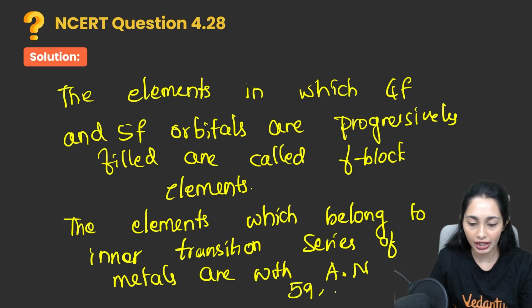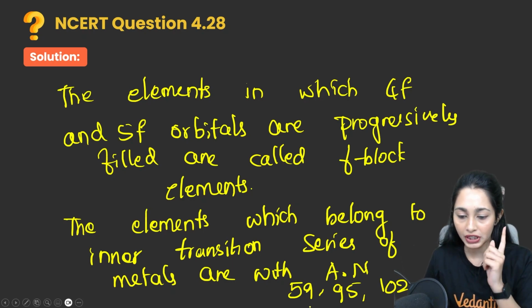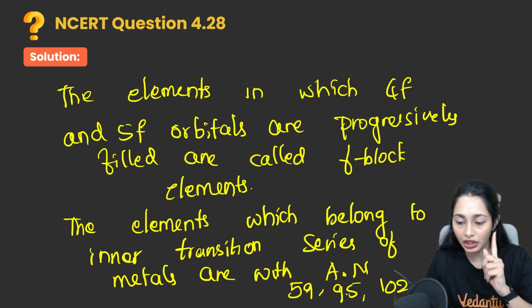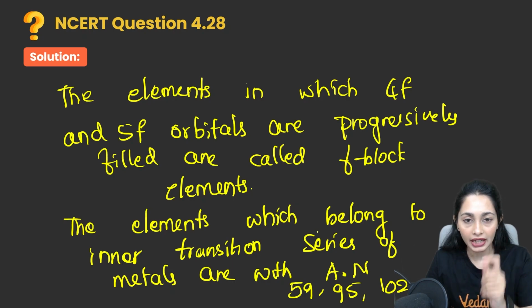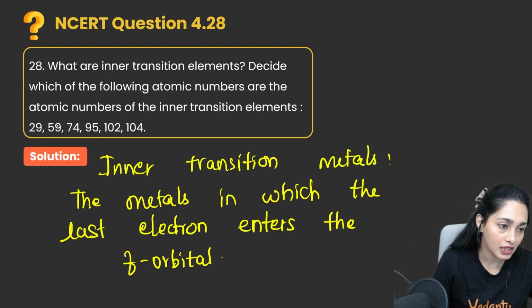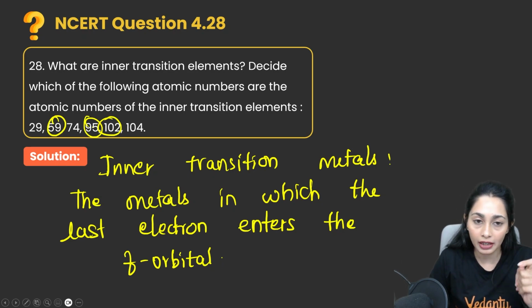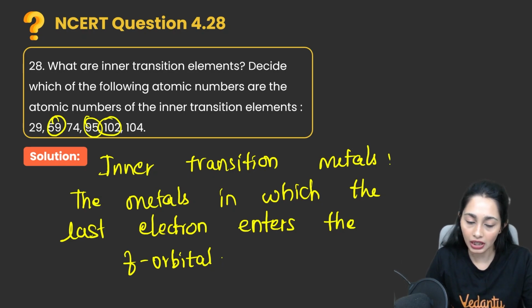You can check it out actually. You can see the electronic configuration. 59, 95 and 102. These are the elements which belong to inner transition elements.